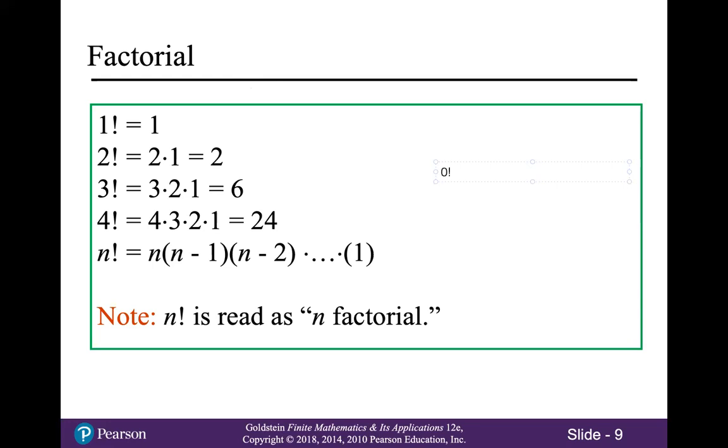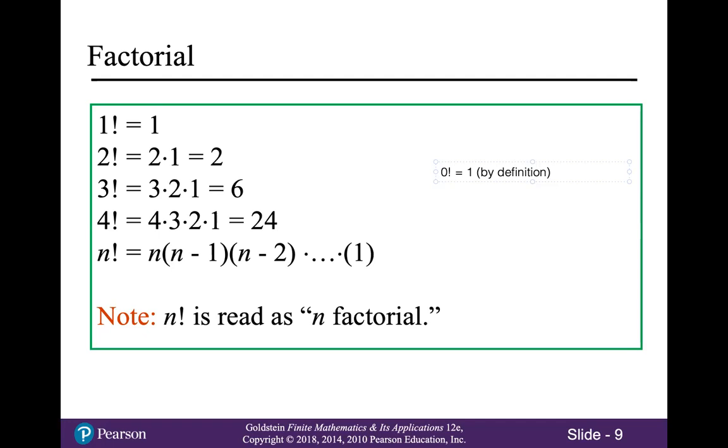So what we say about 0 factorial is that by definition, which is just another way of saying because I said so, 0 factorial is equal to 1. That is by definition. It turns out it makes a lot of sense for 0 factorial to be 1. Believe it or not, I may talk about that a little bit later.